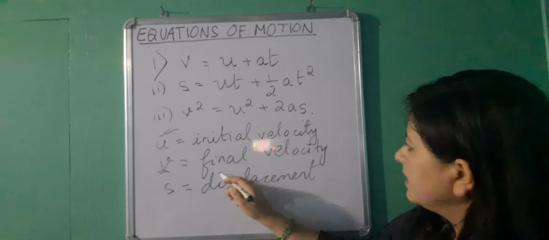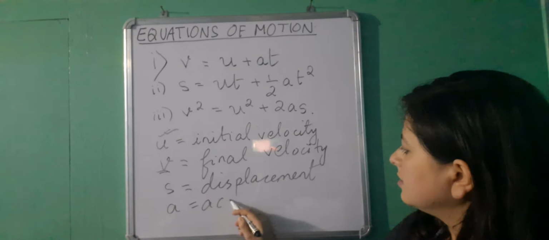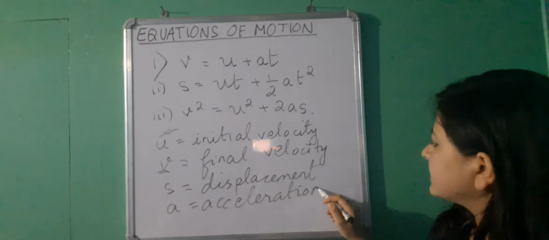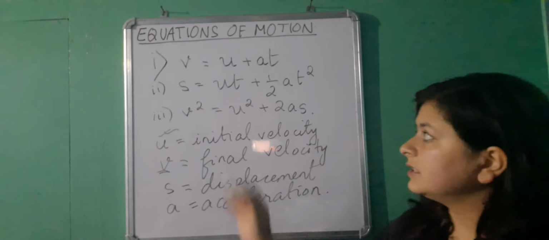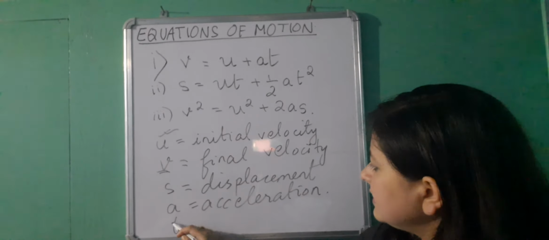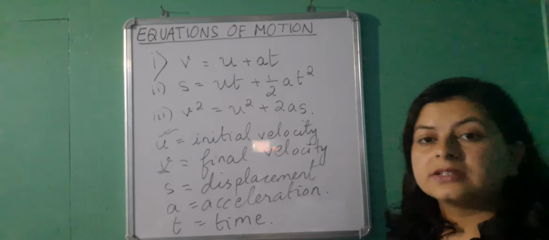covered by the body. a is acceleration with which the body is moving. In all these equations, acceleration is constant. So all these equations are applicable only if the acceleration is constant. And lastly, t is time. We take the calculation for a certain interval of time.